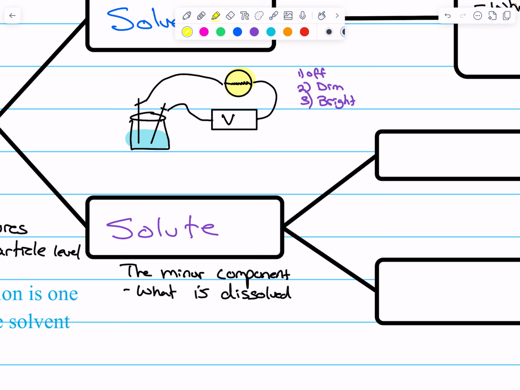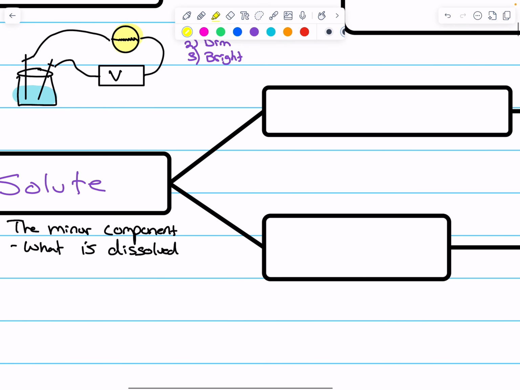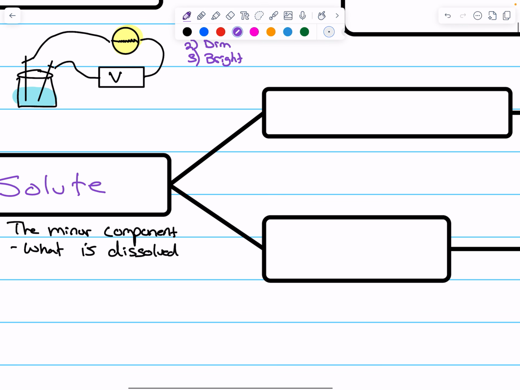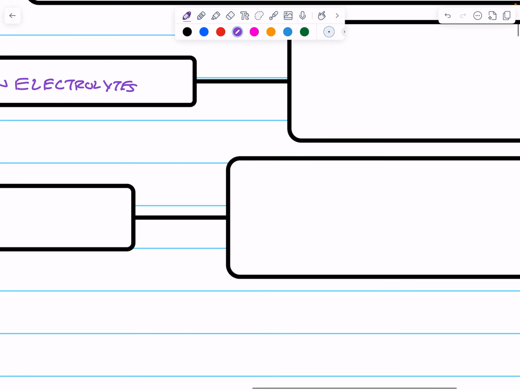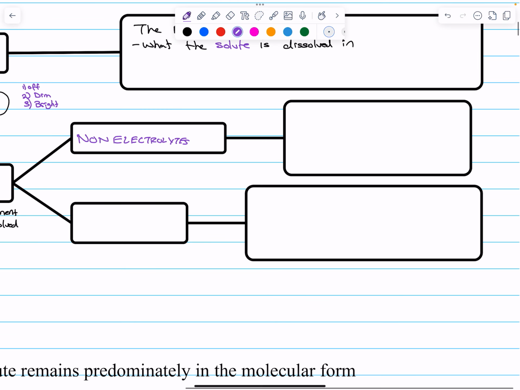If it does not conduct, we call those non-electrolytes. If it does conduct, we call them electrolytes. What's the difference?